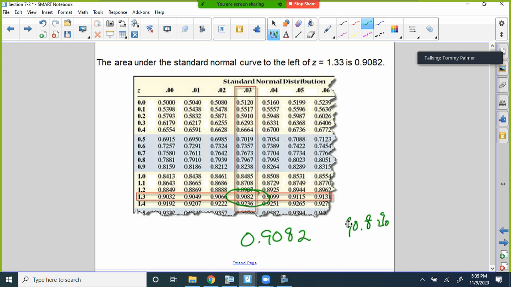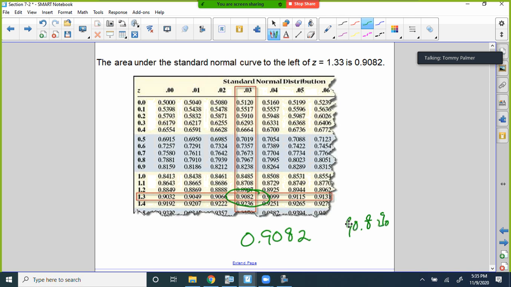I think it's in between 2 and 3, but don't hold me on that. Anyway, it's on the right-hand side above the mean. And what they're giving you at 0.9082 is the area underneath, the proportion or the probability that that particular thing will happen for a normally distributed curve.